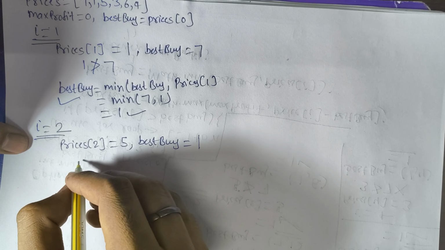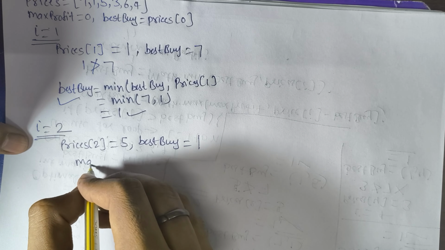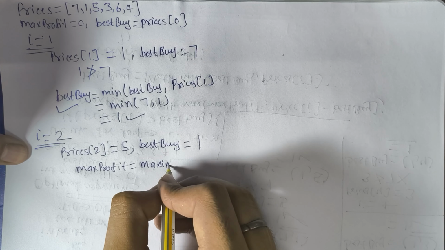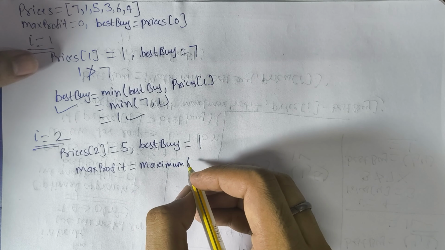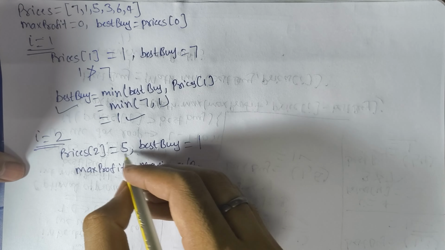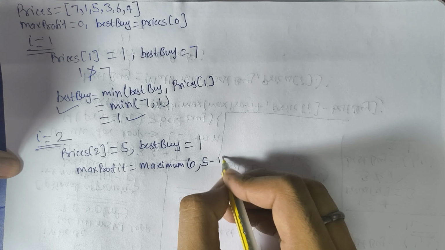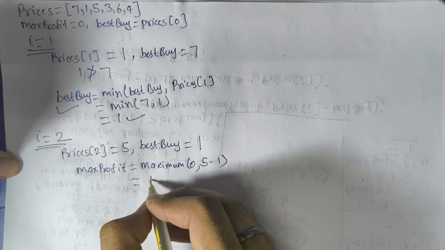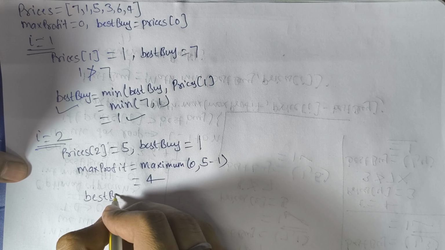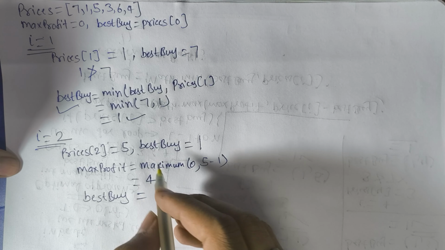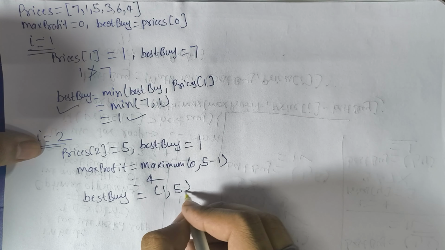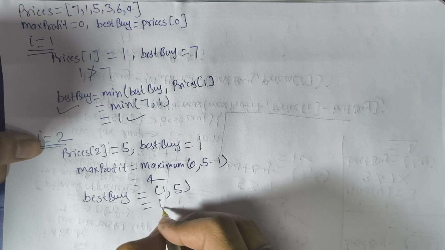So our max profit is equal to the maximum of 0 and 5 minus 1, so 0 and 4, max profit will be 4. And now let's see best buy. In best buy, minimum, now best buy is 1 and our price[2] is equal to 5, so the minimum of 1 and 5 is 1.